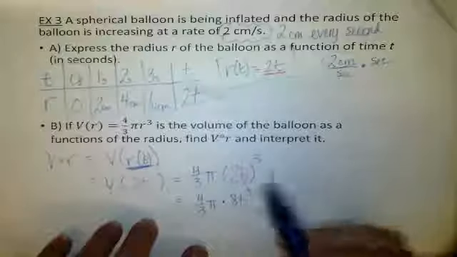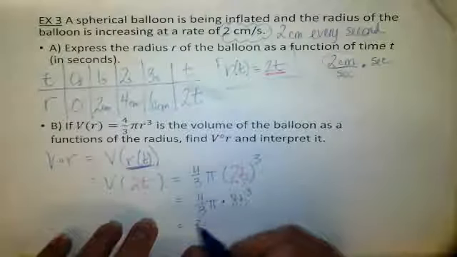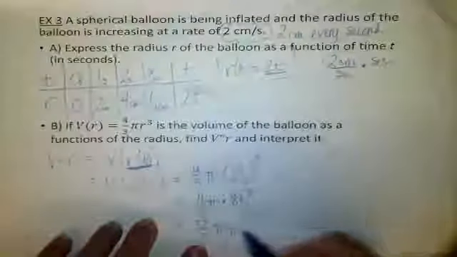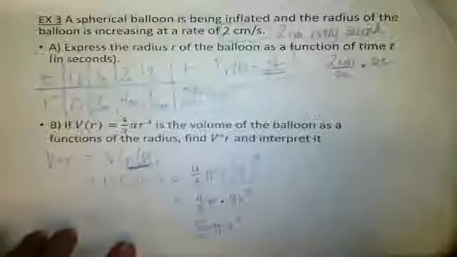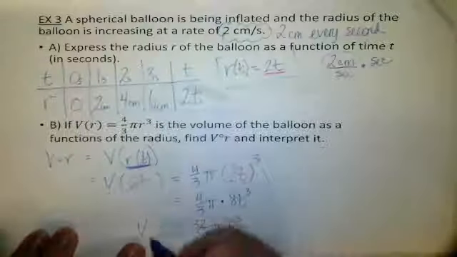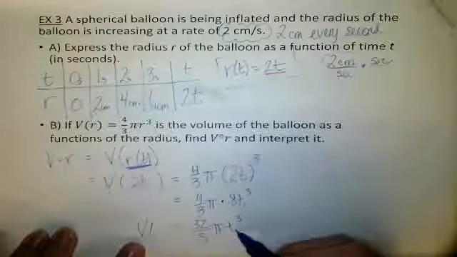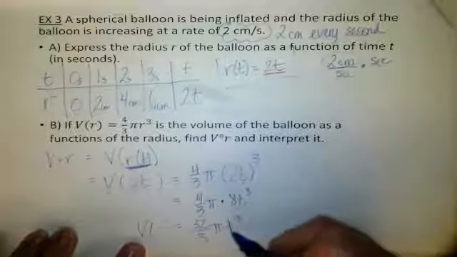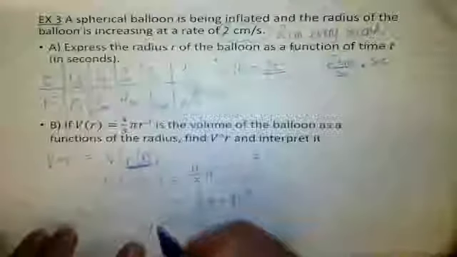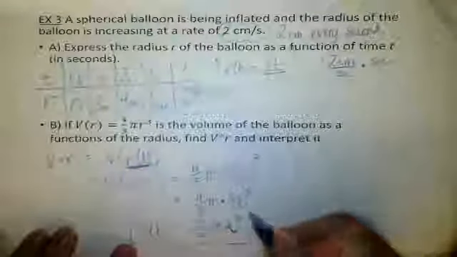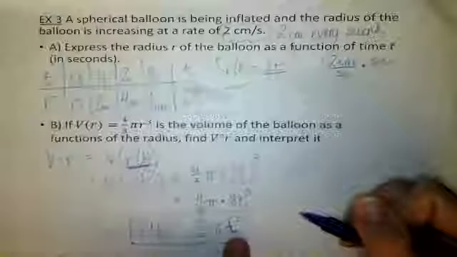And I can clean that up a little bit because 8 times 4 is 32/3 pi t cubed. Which means this is volume in terms of, what variable are we using now? t. So this is our equation, volume in terms of t.